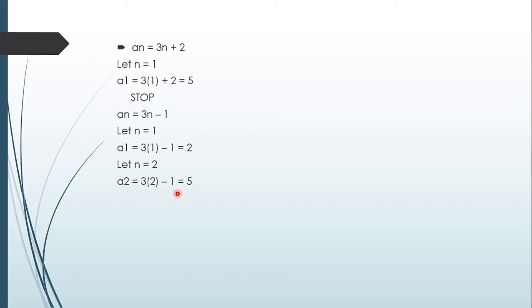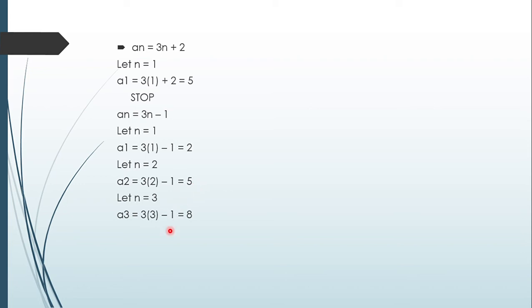So, substitute 2 to n. 3 times 2 is 6 minus 1 is equal to 5. So, merong 5 dun. Proceed ka pa.